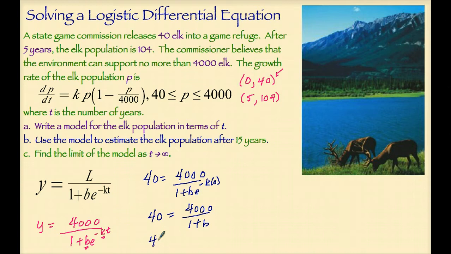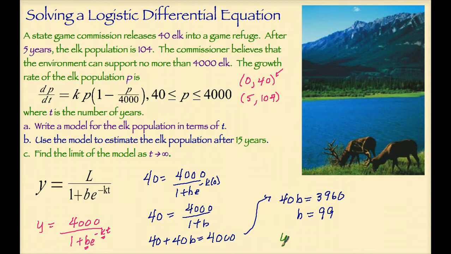When we cross multiply, 40 plus 40b is equal to 4,000, which means 40b is equal to 3,960, giving us b equals 99. So our solution, y equals 4,000 over 1 plus 99 e to the negative kt.